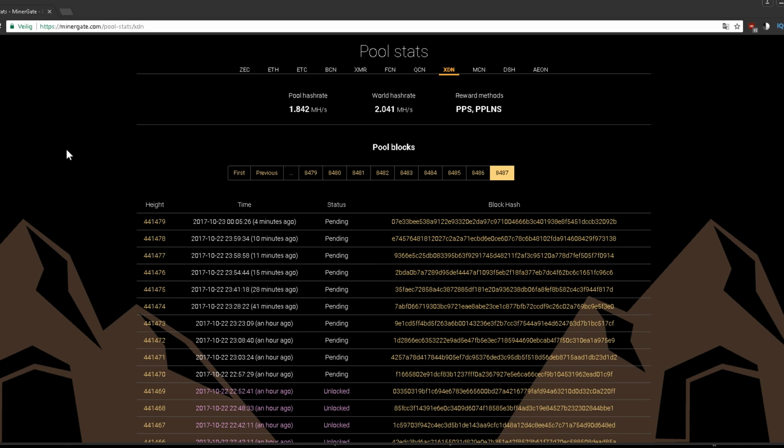Because if you are solo mining, for instance, or if you are mining in a small pool, and your reward method is PPLNS, and you don't find a block, you will get nothing, even though you're mining.